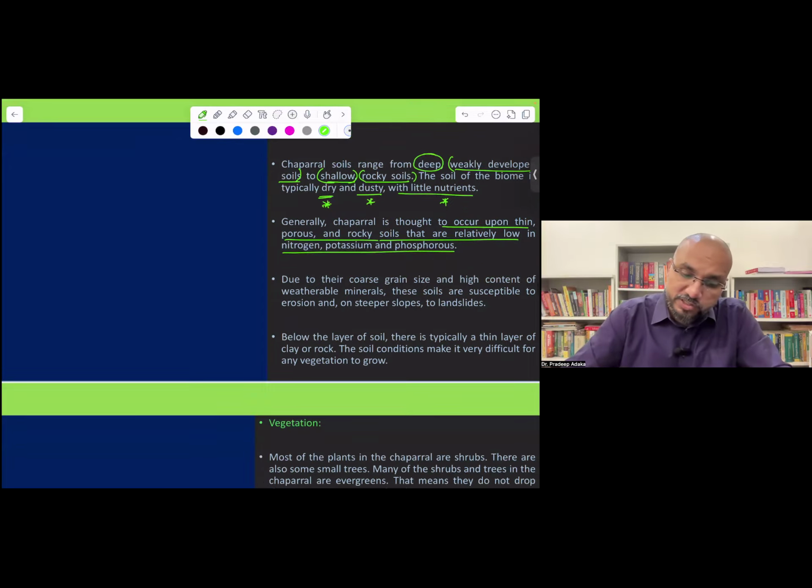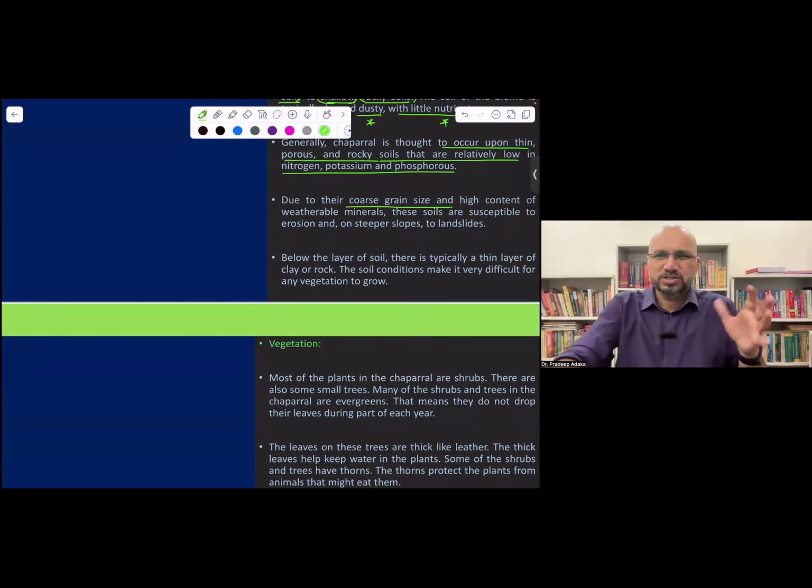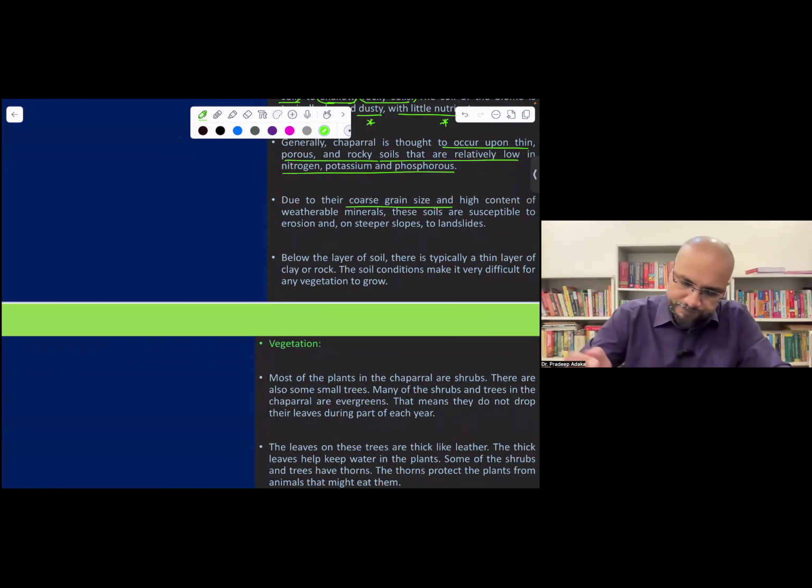Due to their coarse nature, that is clay content is less, mostly it is rocks or sandy coarse soil. So whatever water is received will quickly move through this soil. Due to coarse grain and high content of weatherable minerals, the soils are susceptible to erosion on steeper slopes.